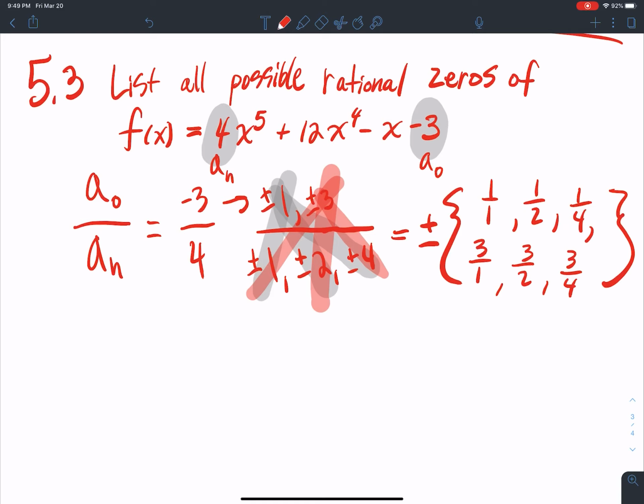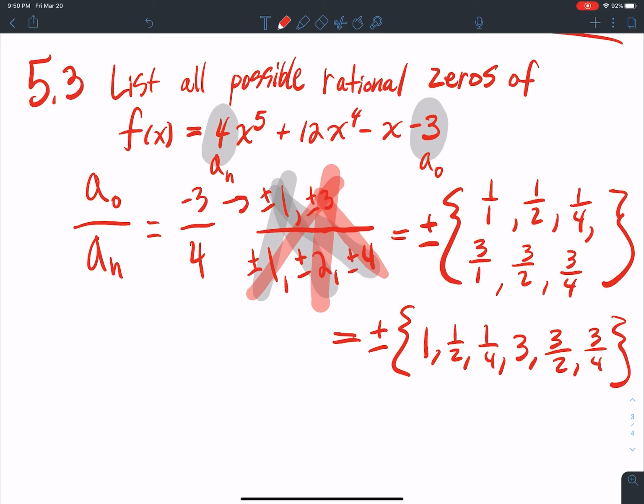If I want to simplify this a little bit, I can. I have all the plus or minuses of 1, 1/2, 1/4, 3, 3 over 2, and 3/4. Not too bad. If you get something, say you were working this out and maybe I had a 4 over 4 somewhere in there.